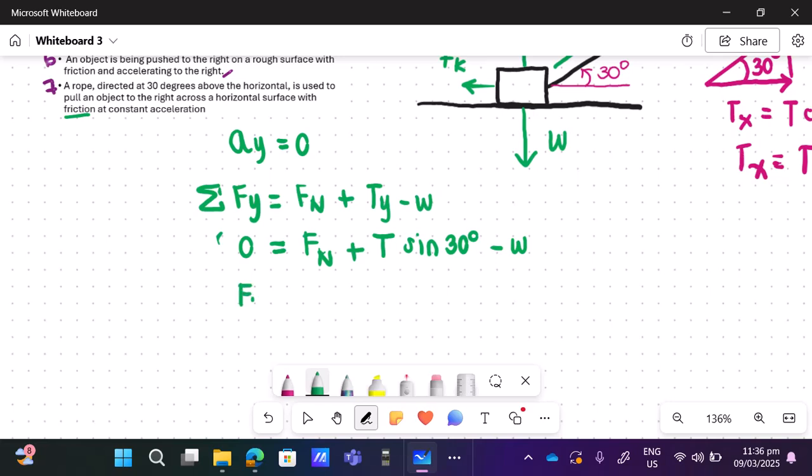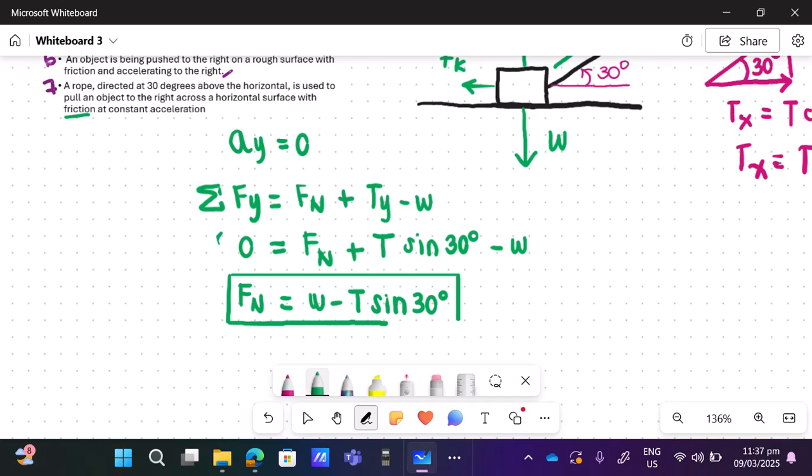F sub n is equal to the weight of the object minus T sine 30 degrees. Okay, so this is our relationship for this particular example.